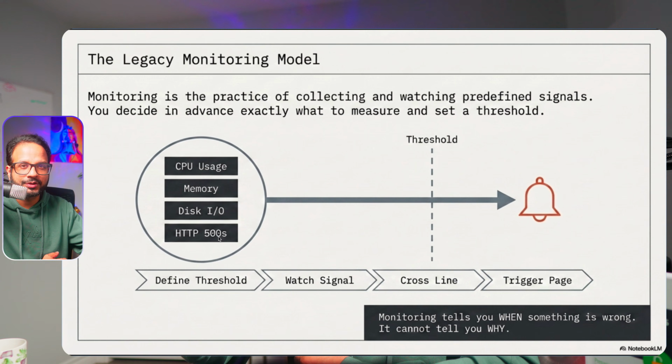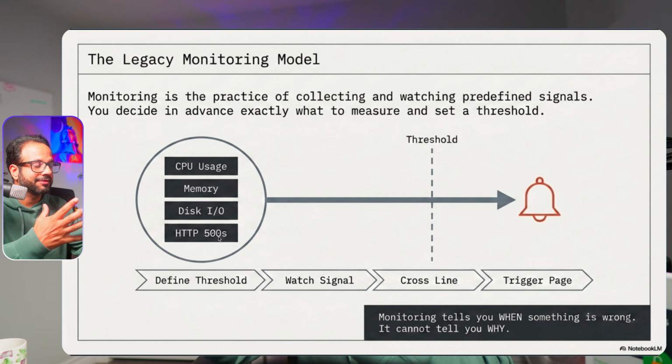Your monitoring tools watch the signals, and as soon as a certain threshold has been reached, it will trigger the alert. It's also known as triggering the page. Why page? If we go a few years back when phones were not there, we used to have a device called a pager. A pager is like a beeper on which you get an emergency alert.